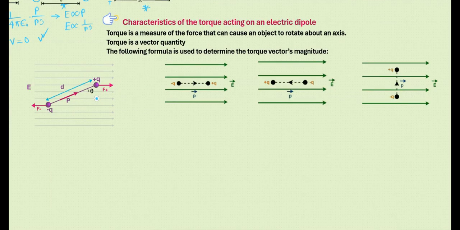Now torque. Characteristics of torque acting on an electric dipole. If within a dipole a torque is experienced, it means a rotating motion is experienced. The torque is actually a measurement of a force that can cause an object to rotate about an axis.